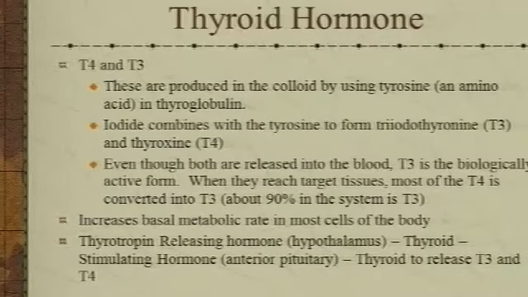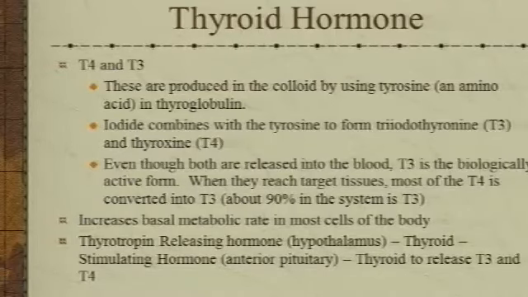Now, T3 is going to be the biologically active form. So we produce T3, we produce T4, they both go into the bloodstream. As T4 gets closer to a target tissue, it will be converted into T3 because that's the more biologically active form. So T4, as it gets closer or attached to tissues, turns into T3.